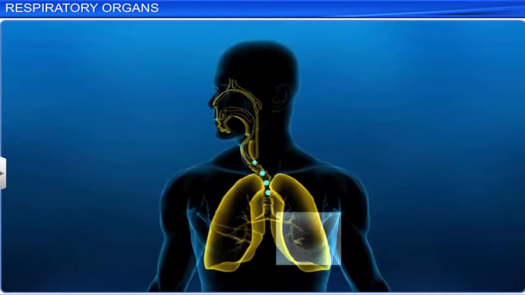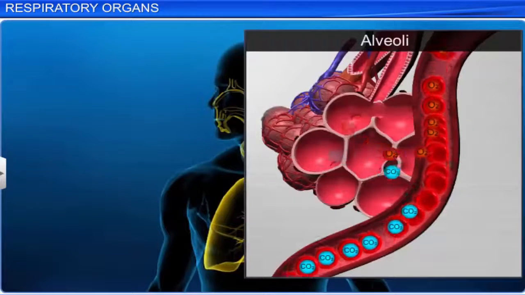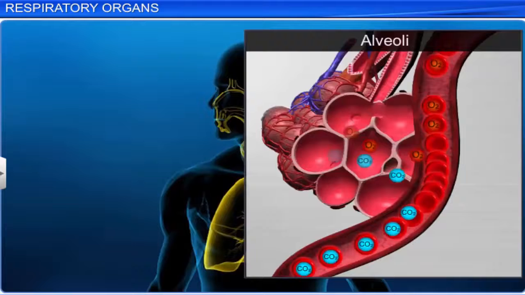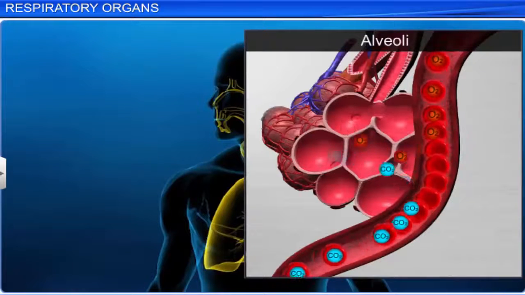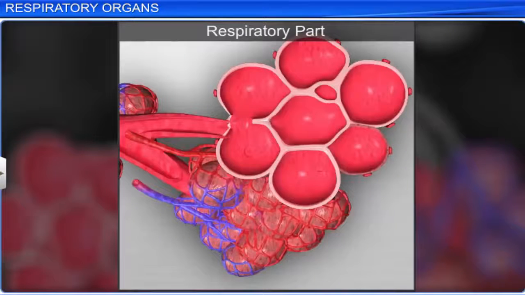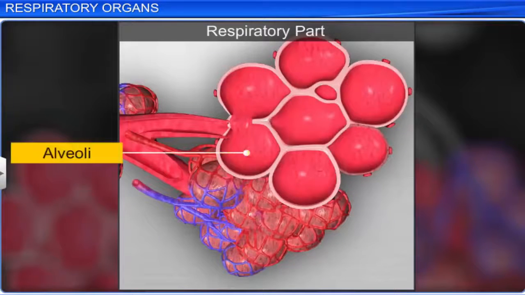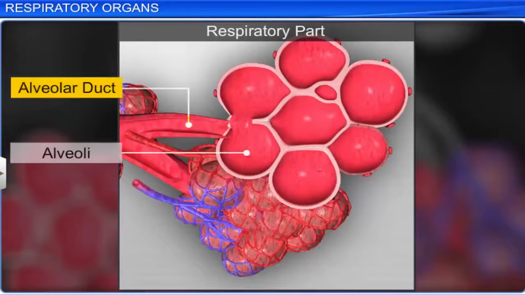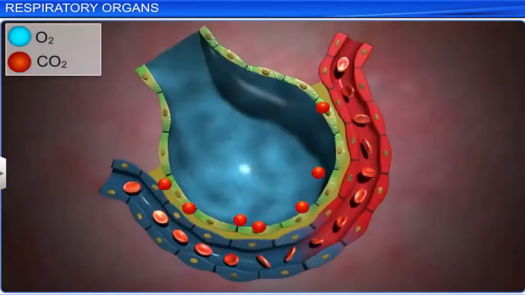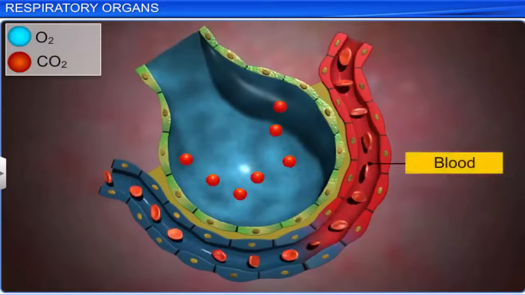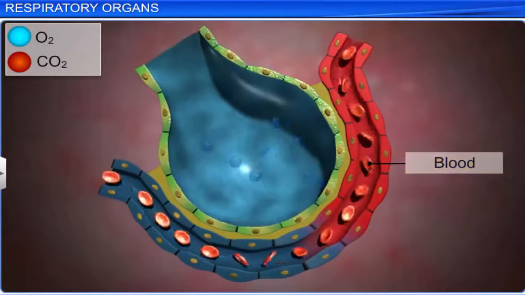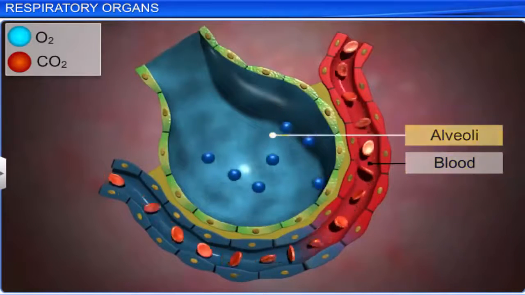It transports atmospheric air to the alveoli, clears it of foreign particles, and humidifies the air. The respiratory part contains the alveoli and the alveolar ducts. The actual diffusion of oxygen and carbon dioxide between blood and atmospheric air takes place in the alveoli of the respiratory part.